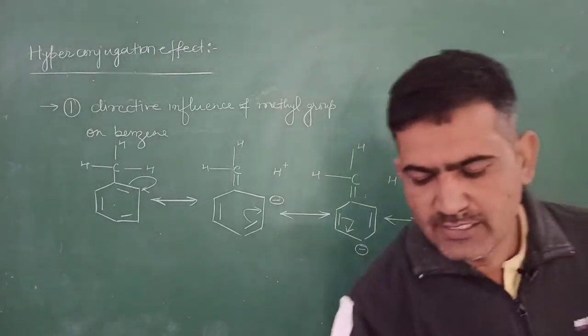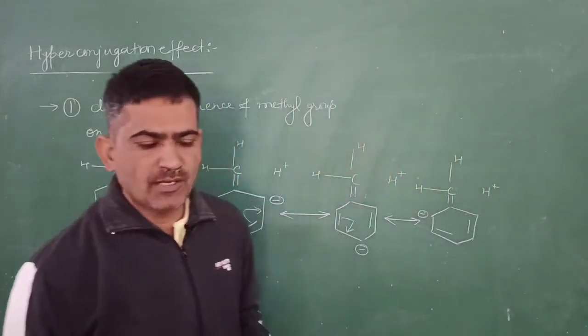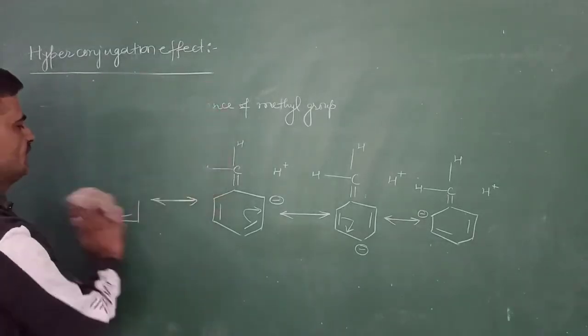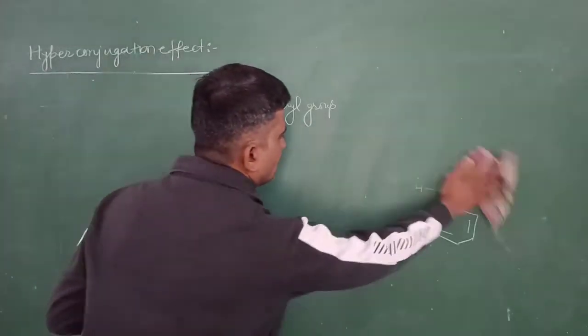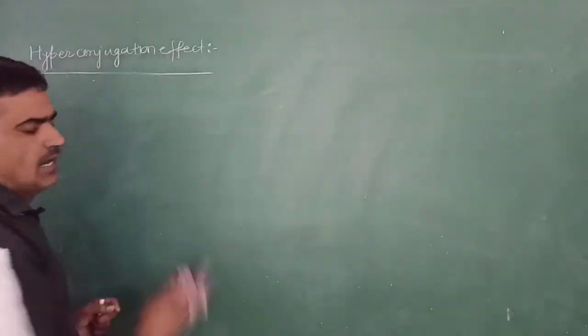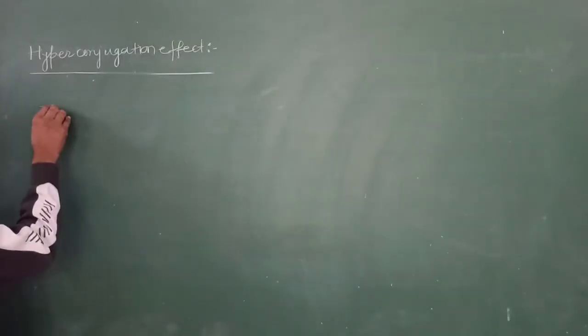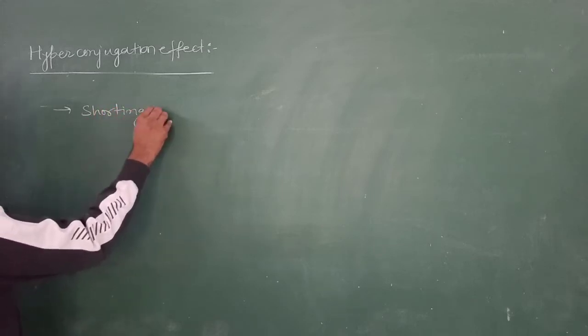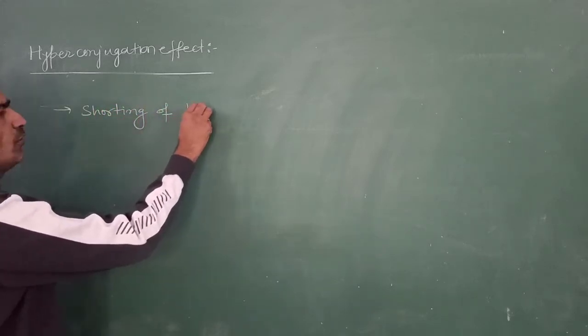Sometimes a shortening of the carbon-carbon bond takes place due to hyperconjugation. We also explain this on the basis of the hyperconjugation structure: shortening of bond length.